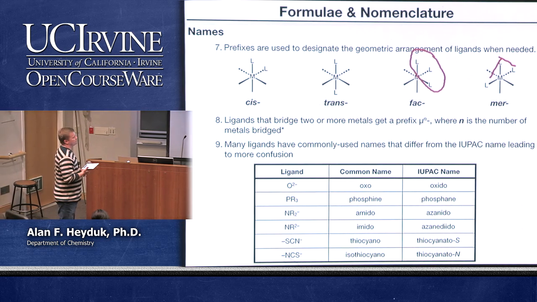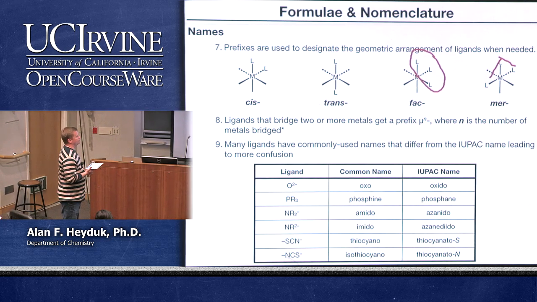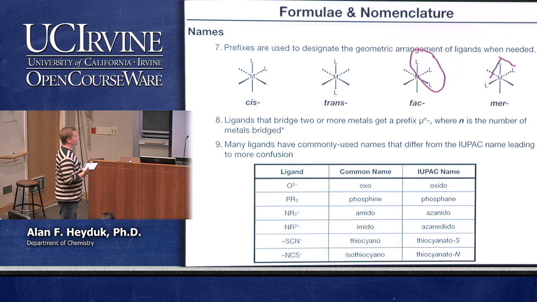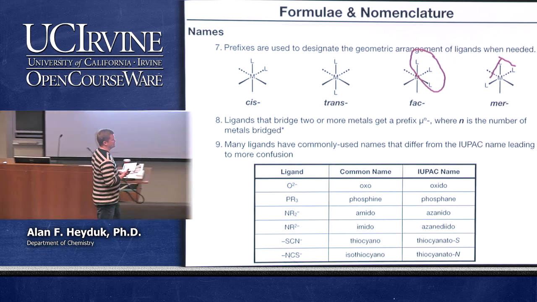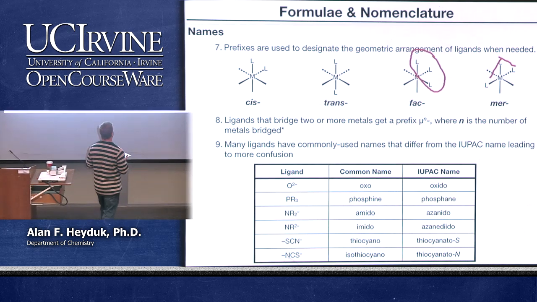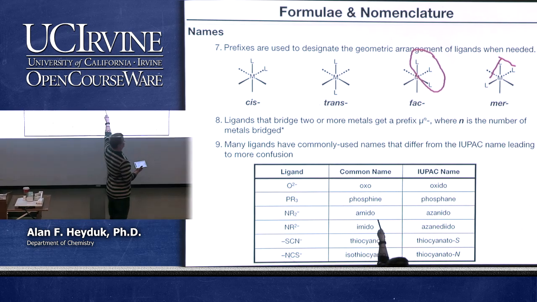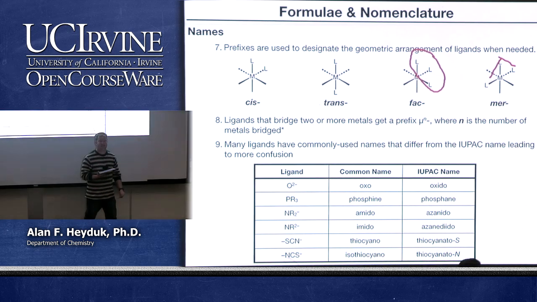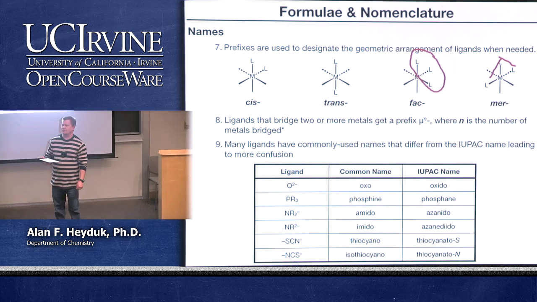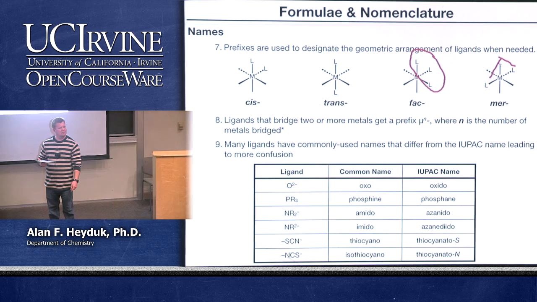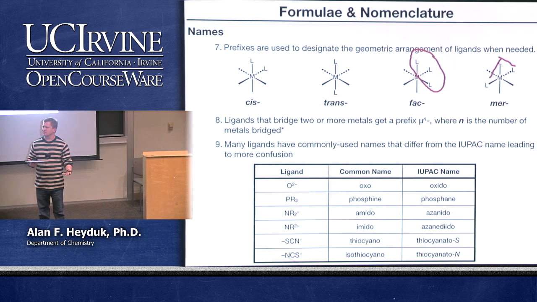PR3 will exclusively be referred to as phosphines, but they're phosphanes. NR2 minus, inorganic chemists always refer to these as amido ligands. And then they'll get lazy and talk about amides, and every organic chemist goes, where's the carbonyl oxygen?